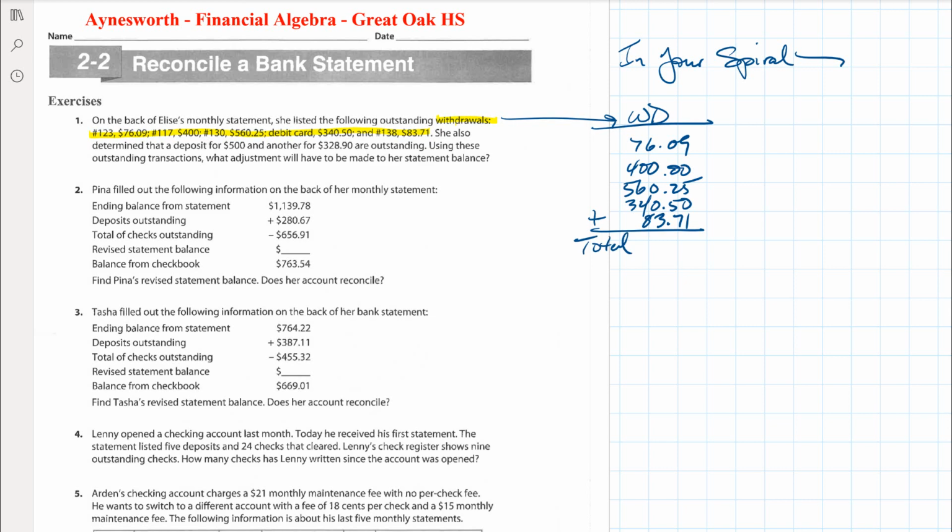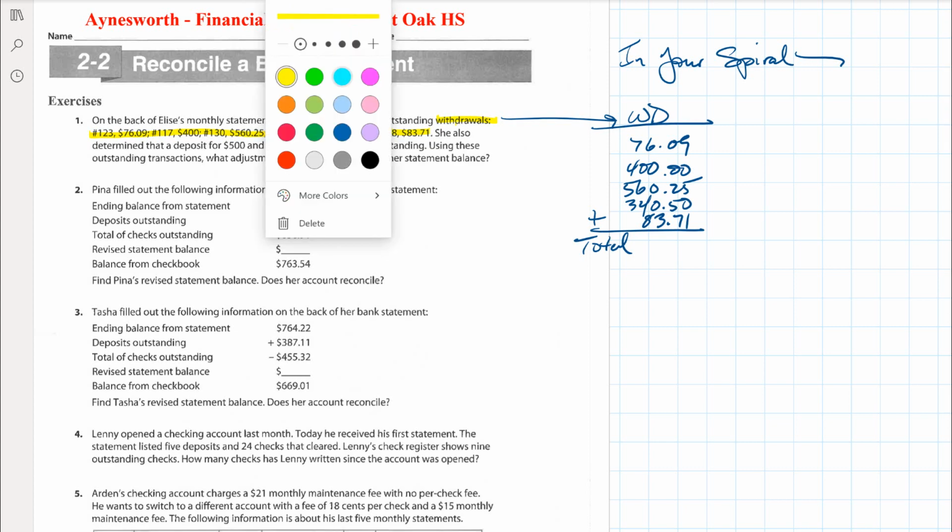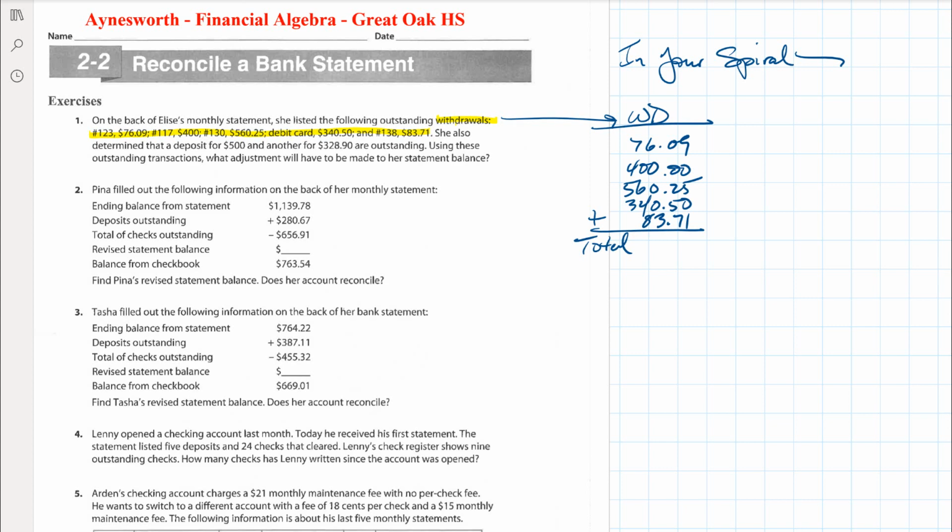She also determined that a deposit for $500 and another one for $328.90 was outstanding. Now that's important. That's actually a good thing for her. So these deposits for $500 and $328.90 are outstanding.